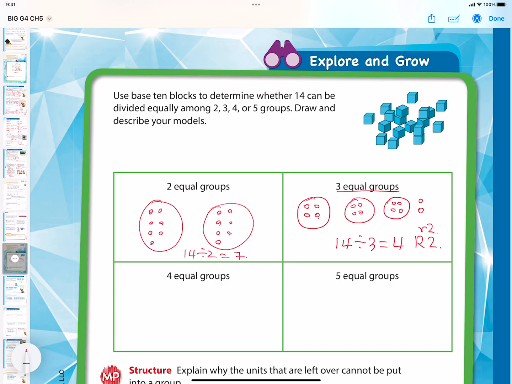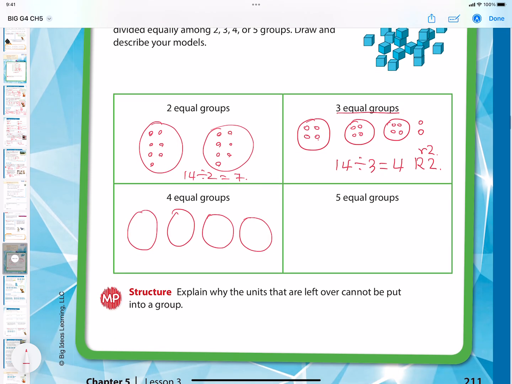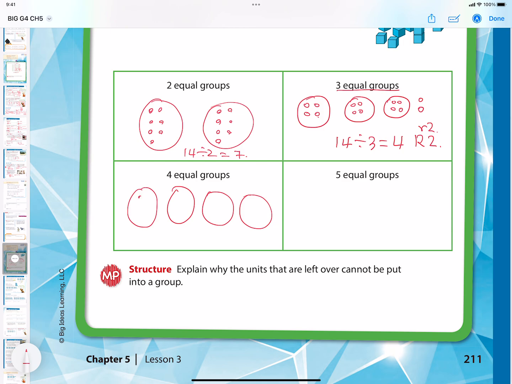All right, 4 equal groups, guys. Let's see. 1, 2, 3, 4. Now put these 14 blocks in each of the 4 groups, okay? 1, 2, 3, 4, 5, 6, 7, 8, 9, 10, 11, 12, 13. Okay, 12.